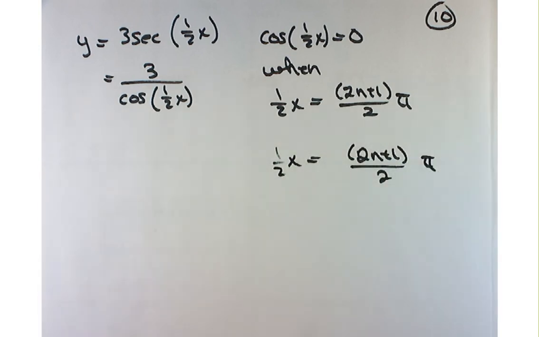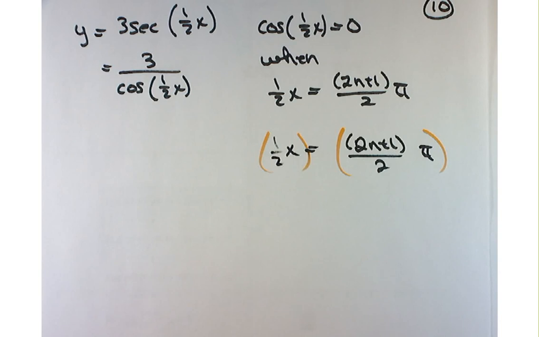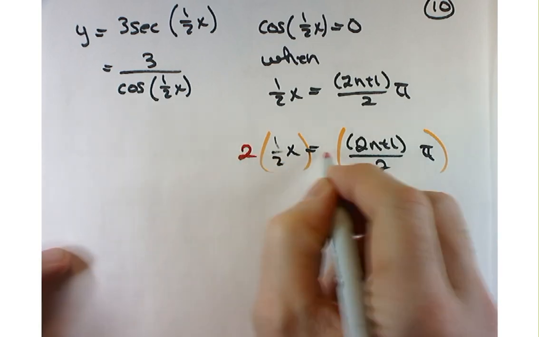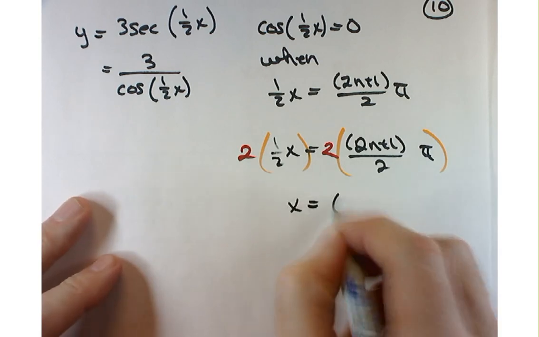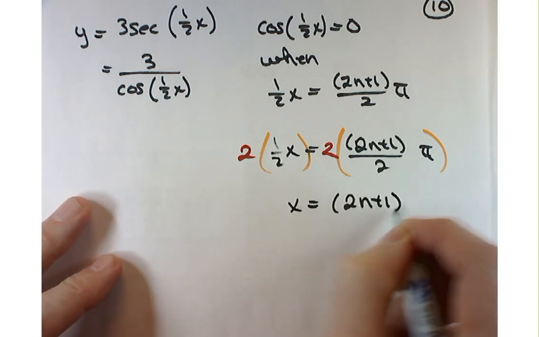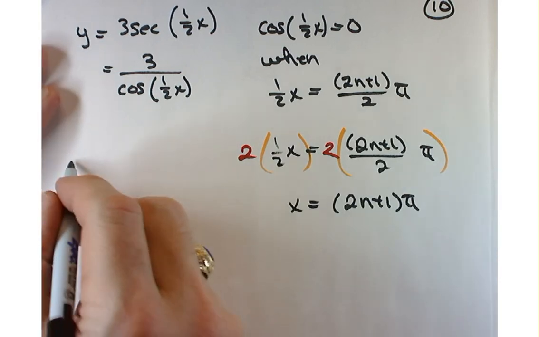I'm going to solve this by getting rid of the denominators first. And really, that's all I have to do to solve it, just multiply both sides by 2. That's going to leave me with x equals (2n plus 1) times pi. So that's just your odd multiples of pi.